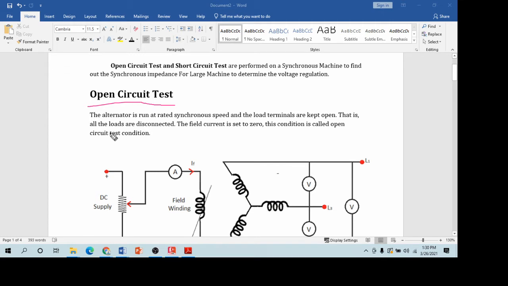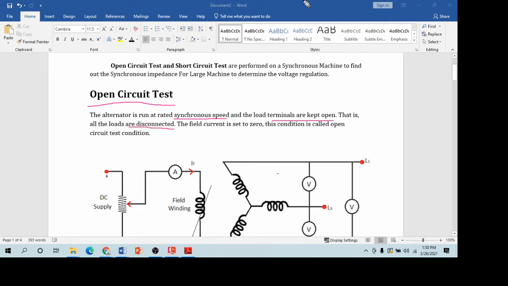In the open circuit test, the alternator is run at rated synchronous speed, and the load terminals are kept open, so all loads are disconnected.